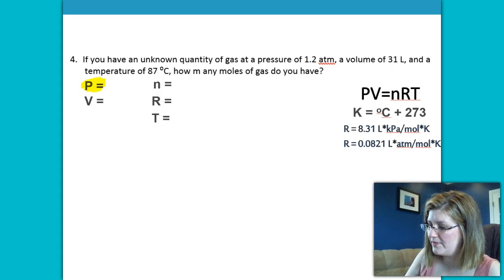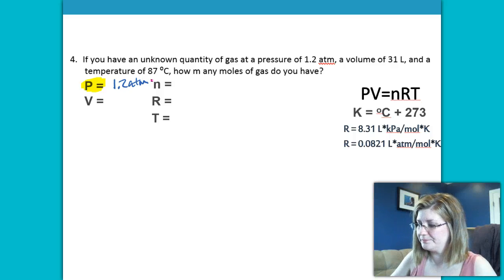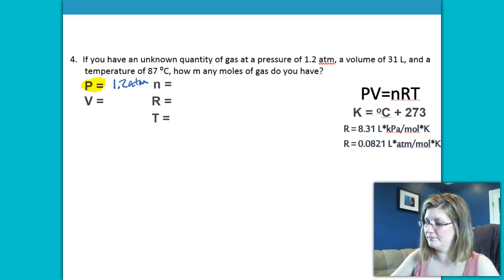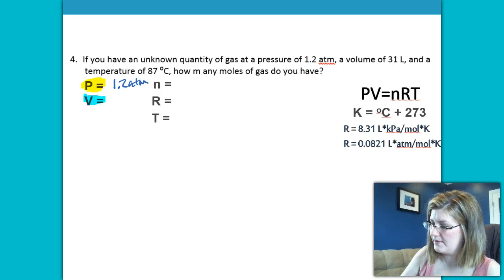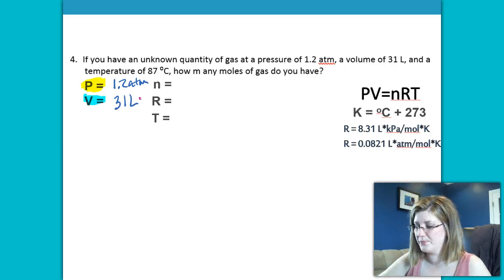Okay, P value is 1.2 atm, and we know that because atmospheres are a pressure unit. And now what is our volume? Okay, volume is going to be 31 liters because liters is a volume unit.